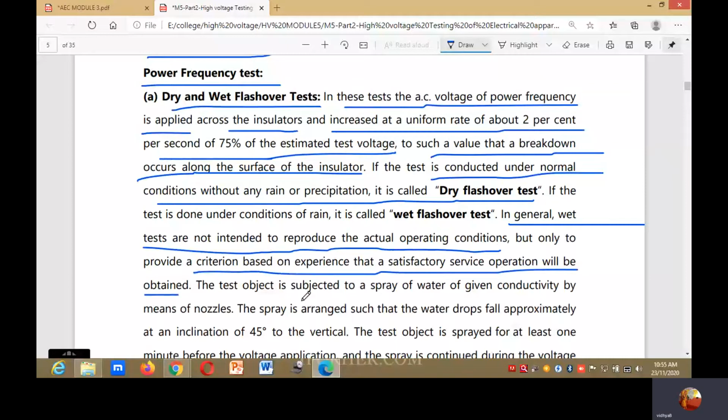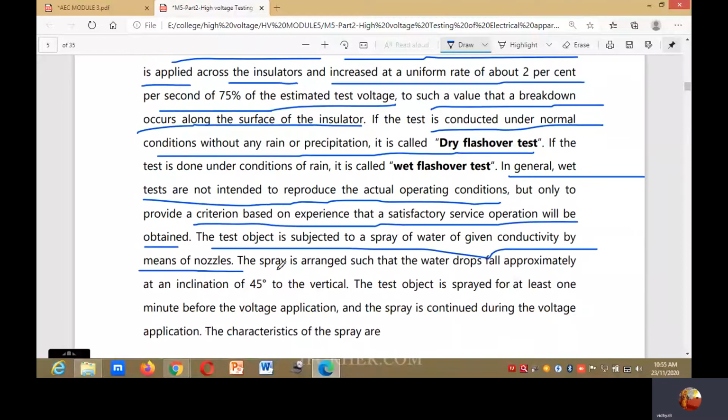The test object is subjected to a spray of water of a given conductivity by means of nozzles. What do we mean by nozzles? On the insulator, it should not have nozzles. The spray is arranged such that water drops fall approximately at an inclination of 45 degrees to the vertical.